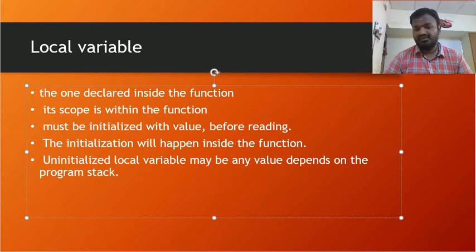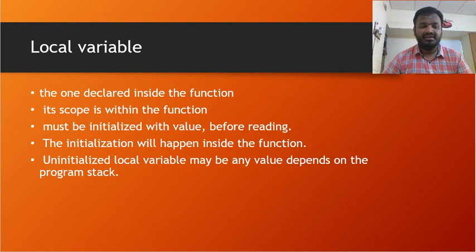Basically, local variables are used when the function needs processing that has to be within that function. All that is taken care of using local variables, and a global variable will be used, for example, when it is a global resource used by multiple functions.